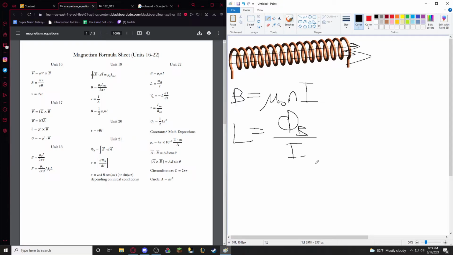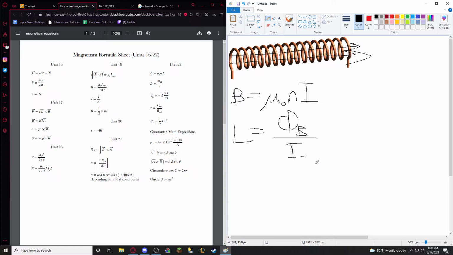which we know how to calculate the magnetic flux, right? Well, there's a few ways, yes. How can we calculate it? B times A, or at the very least, the integral of the magnetic field dot dA.